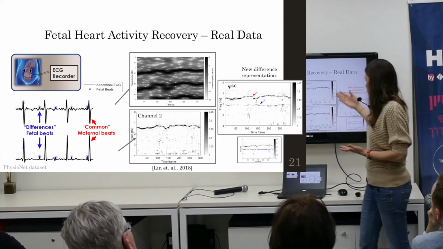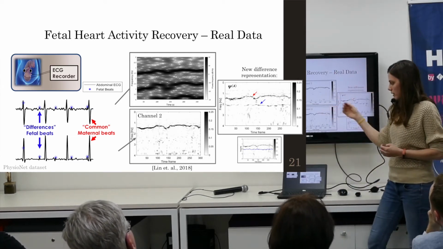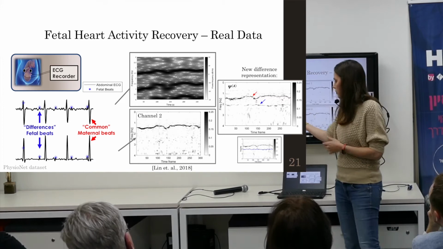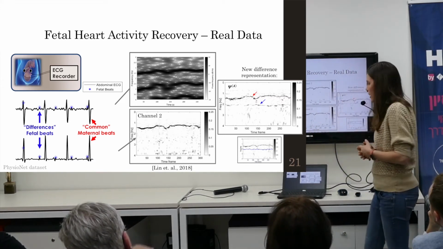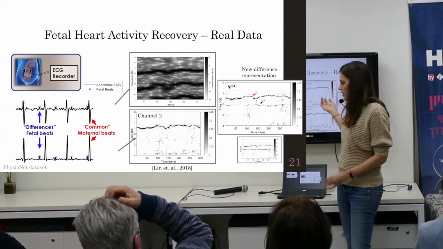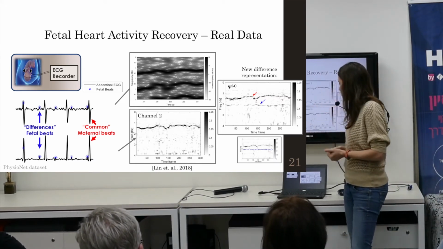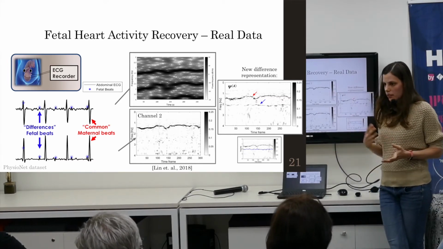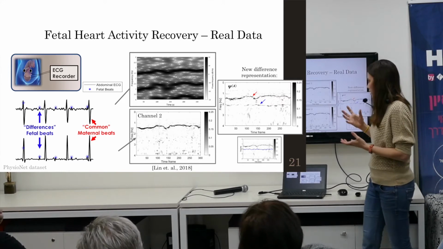We didn't know much about this data. We applied our method to the PhysioNet dataset, which had 68 subjects, and in the task of heart rate recovery, we obtained results which are comparable to state-of-the-art. And why is it nice?